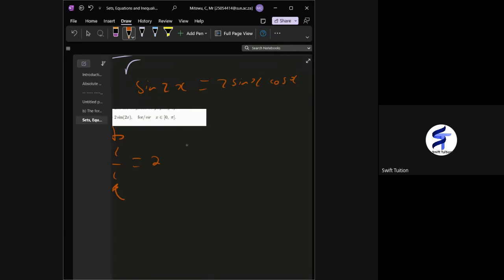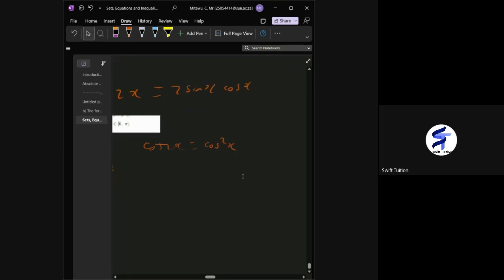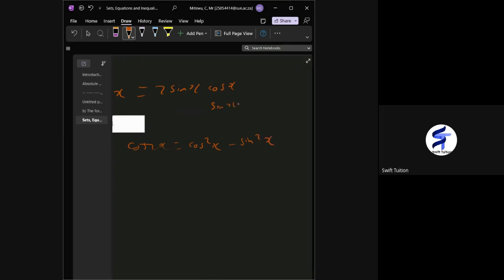Also know the three forms of the cosine one. Cosine 2x is equal to cosine squared x minus sine squared x. The other three ways come from this, along with sine squared x plus cosine squared x equals 1, which is another thing you have to memorize.